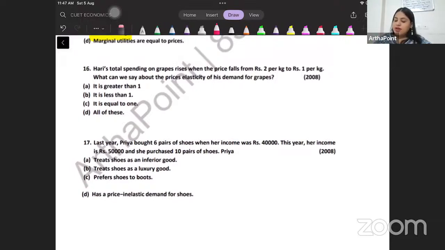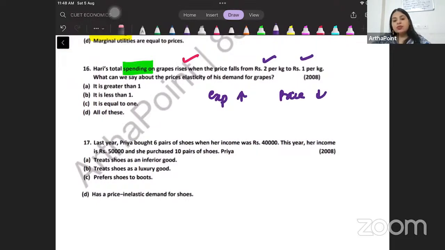So total spending on grapes rises, right? What does spending mean, beta? Spending means expenditure. So we are saying that expenditure is increasing. When is expenditure increasing? When price falls from 2 to 1. So price is decreasing. So beta, price and expenditure are moving in opposite directions.